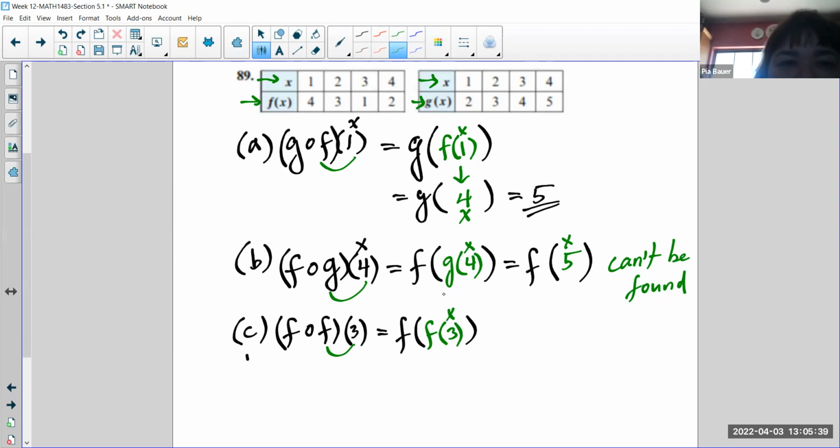So X equals 3, go into F. So when X equals 3, F is equal to 1. So we have F of 1. And then forget about the X equals 3. Now the X equals 1, but we're still using F. So I go to the table for F, and X equals 1, and the answer would be 4.